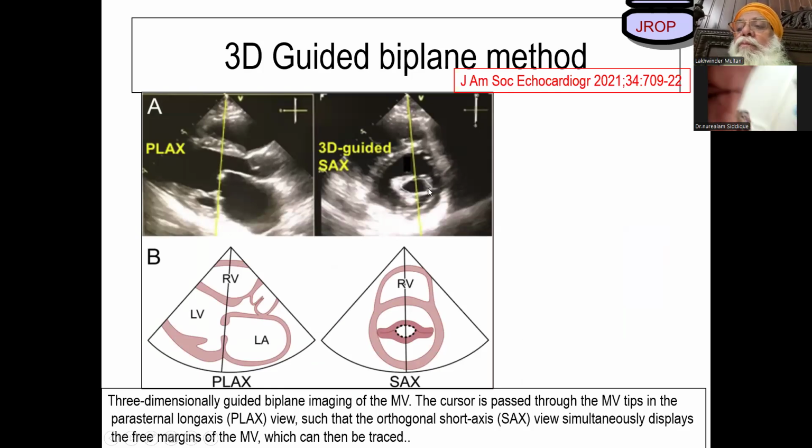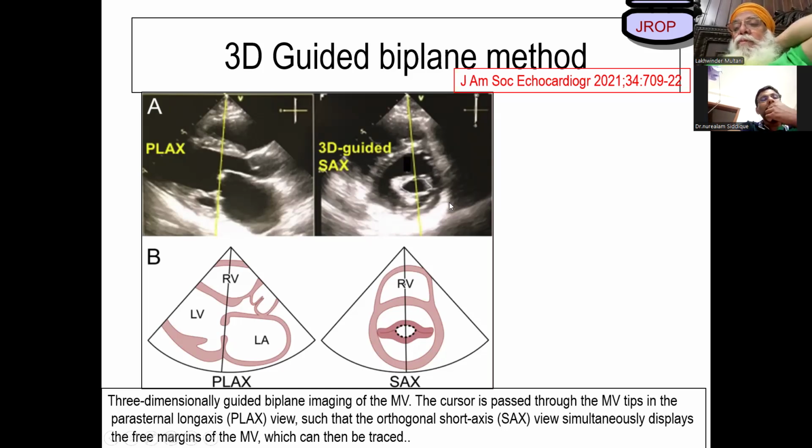We split the commissures. The balloon goes inside and opens up the valve completely. So it does not split the AML or PML. It splits the medial and lateral commissures. And if there's a lot of calcium in these medial and lateral commissures, you're bound to live with significant mitral regurgitation.